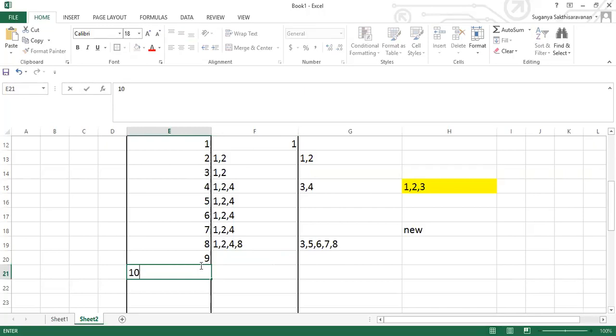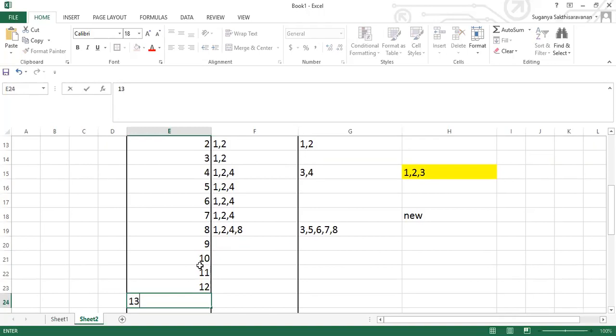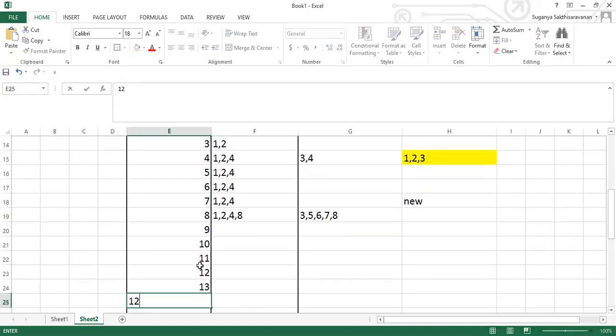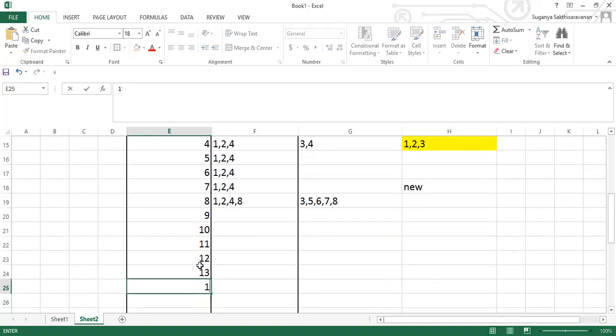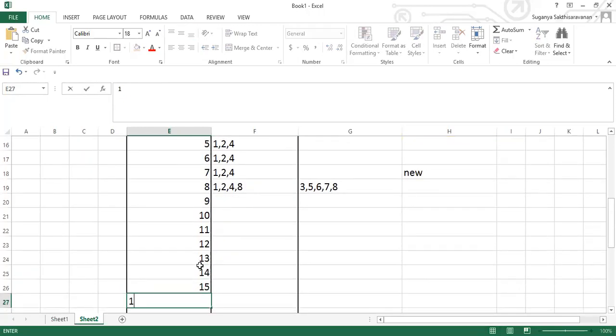You can go like this: 10, 11, 12, 13, 14, 15, and 16. The reason I keep writing here is that when you add this one, you'll be getting the summation up to 15.